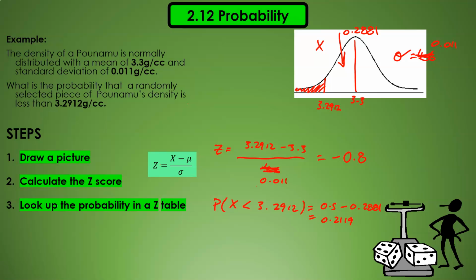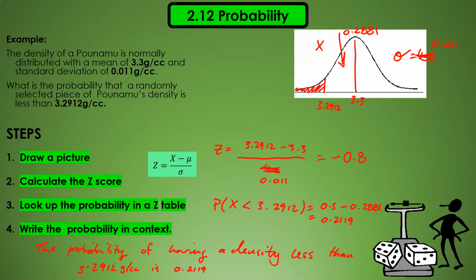Again, the last step is to give that some context. So the probability of having a density that's less than 3.2912 grams per cubic centimetre is 0.2119. That should have been the answer we got.